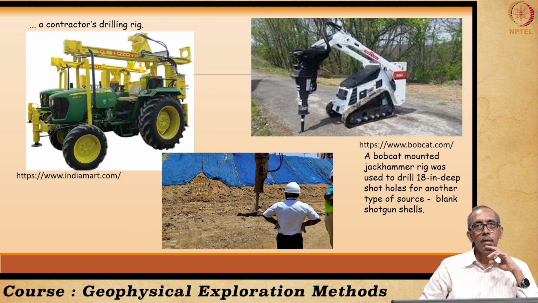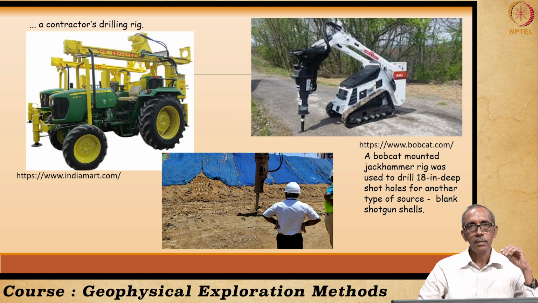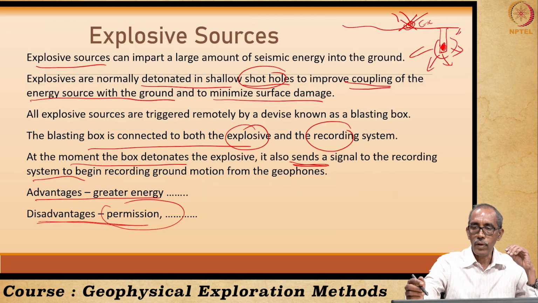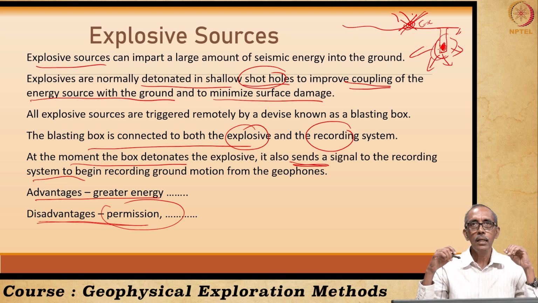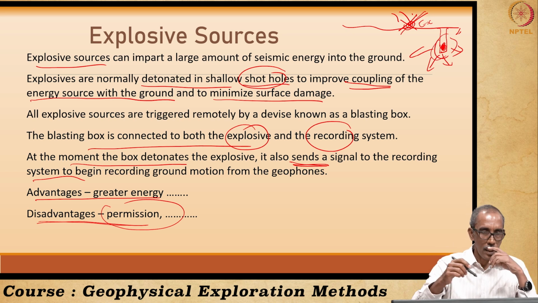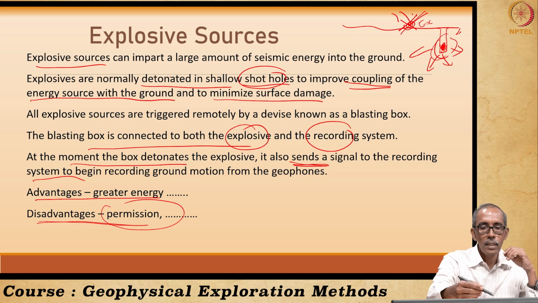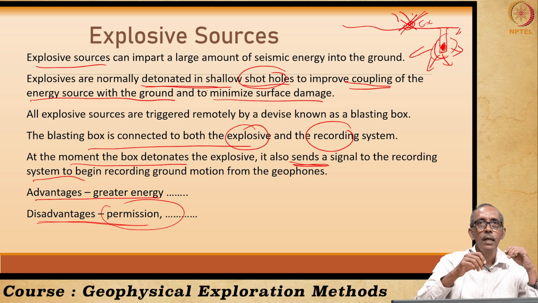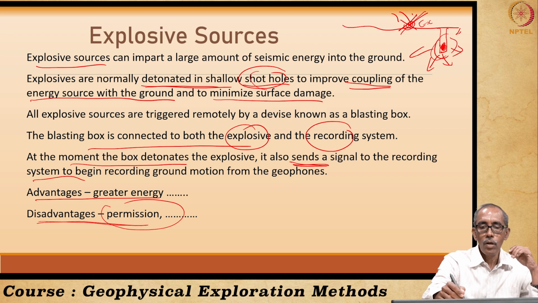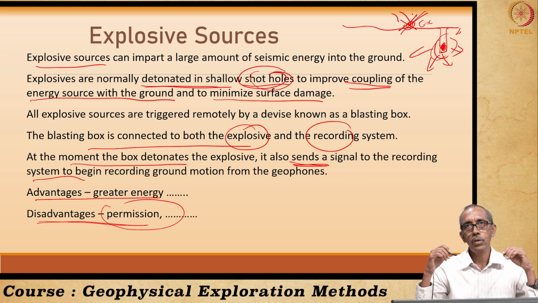We have said explosives are not merely exploded at the surface, right? Explosives are kept in a small short hole. What is the advantage? We have seen in the last class, the major advantage is the explosives are detonated in shallow holes or shallow short holes.